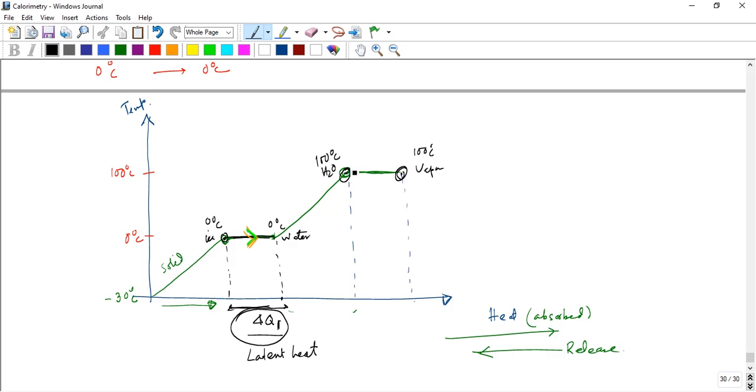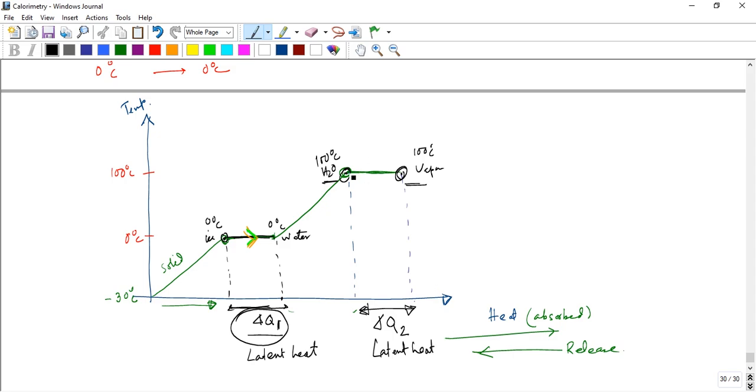The state changes from liquid to gas. If liquid to vapor, heat is absorbed; if vapor to liquid, heat is released. At this point some amount of heat is needed, that is called delta Q2. That heat is also called latent heat.